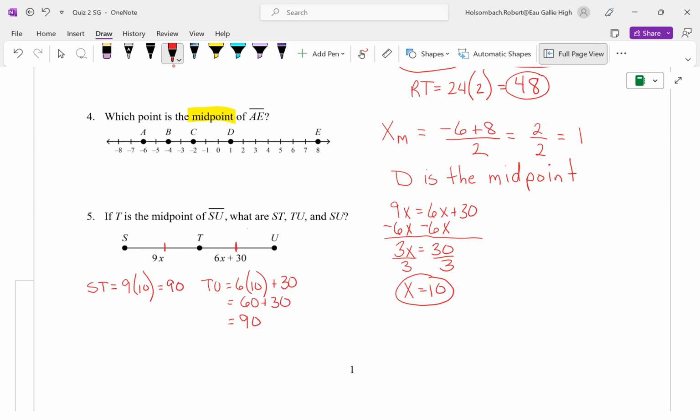And then S to U. S to U is going to be equal to 90 times 2, which is 180. So here's our S to T, T to U, and S to U.